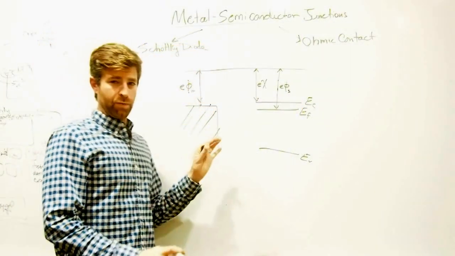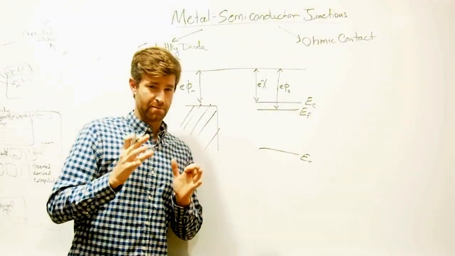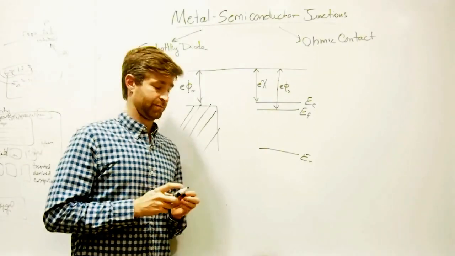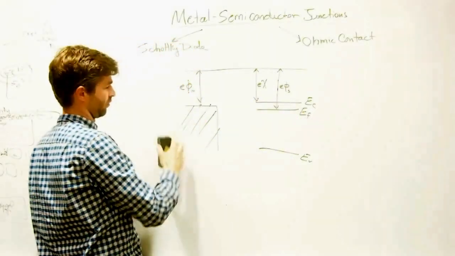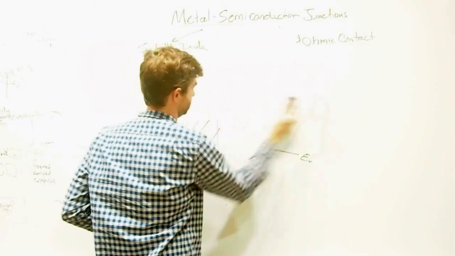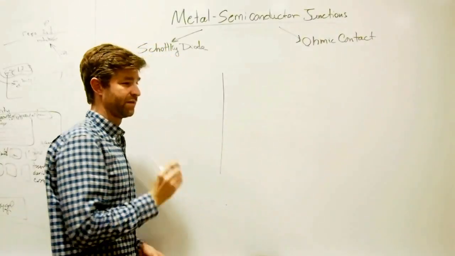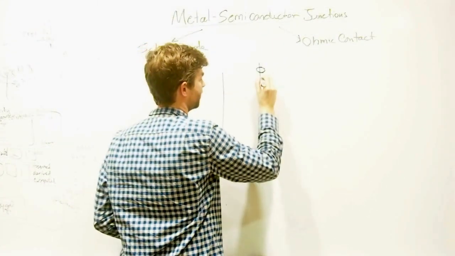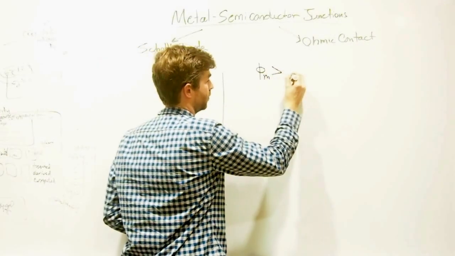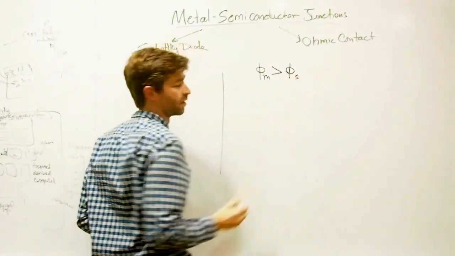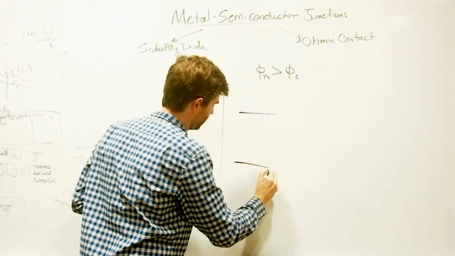So what happens when we bring these two together? What happens when we deposit some metal on a semiconductor, say silicon for this case, donor doped silicon? Well, let's bring these closer together and see what happens. Given that the work function of the metal is greater than the work function of the semiconductor, what happens at the surface?